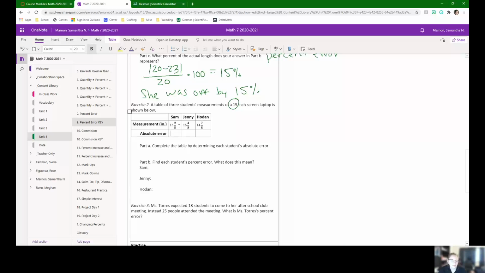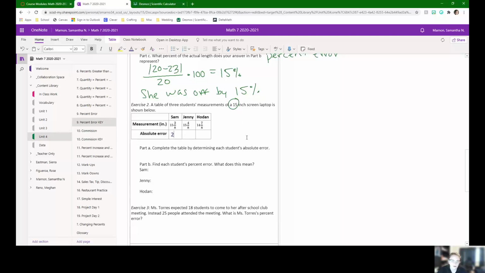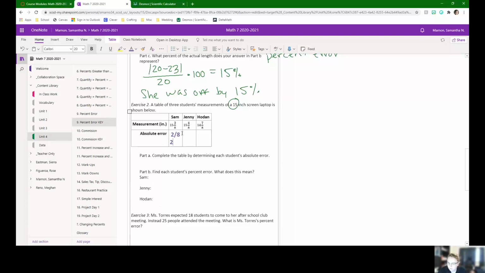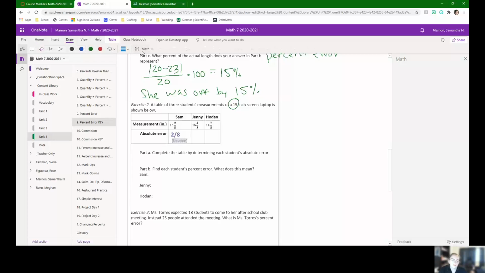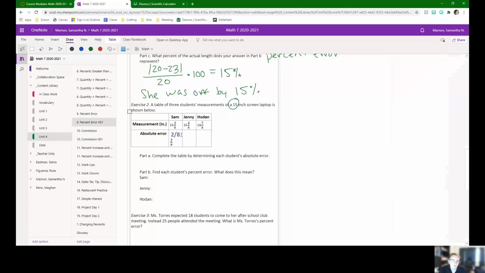So Sam got 15 2/8 for the 15-inch laptop. She was off by 2/8, and you can leave it slashed like that, or if you wanted to make it look like a pretty fraction, just highlight it. Under drawing, there's the math button, and it will change it to a fraction for you. Jenny measured it to be 15 4/8, so she was off by 4/8.